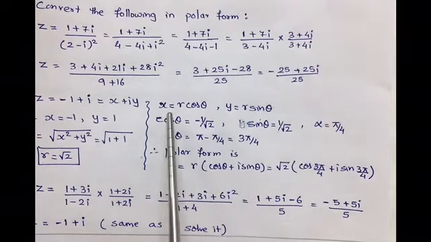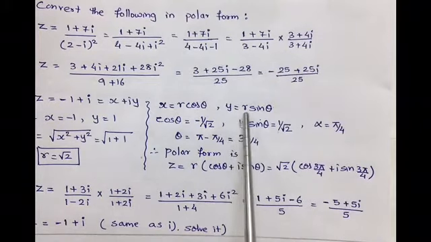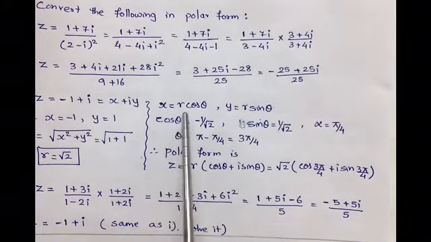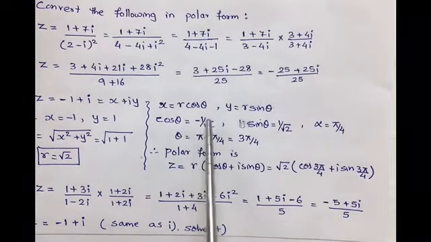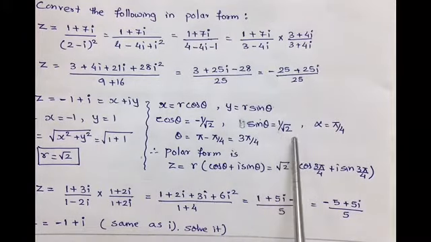Now in polar form, x is considered as r cos theta, y is taken as r sin theta. So keeping the value of x and r, we get cos theta is equal to minus 1 upon root 2, sin theta is equal to 1 upon root 2.